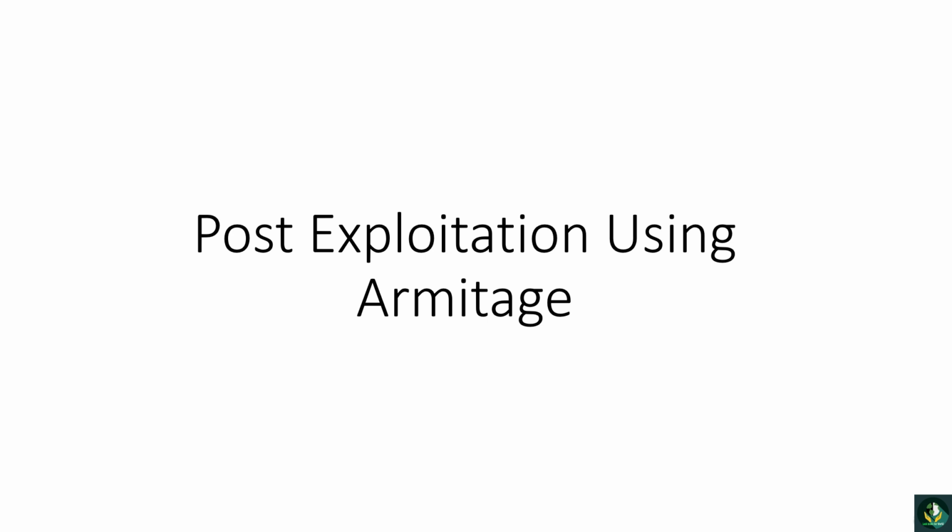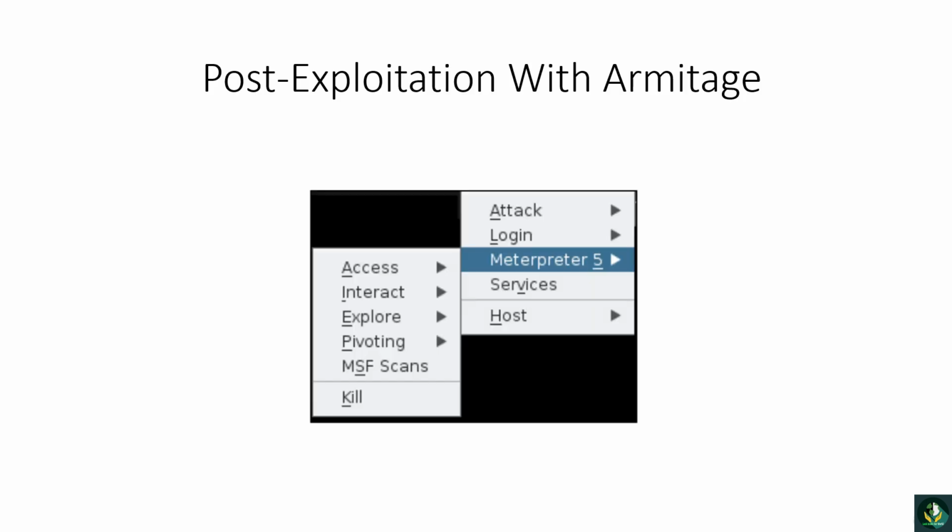Now in this lecture, we're going to be talking about post exploitation using Armitage. Armitage makes post exploitation as easy as clicking on a button. In order to execute a post exploitation module, right click on the exploited host and choose Meterpreter 5 as follows. Just easy.